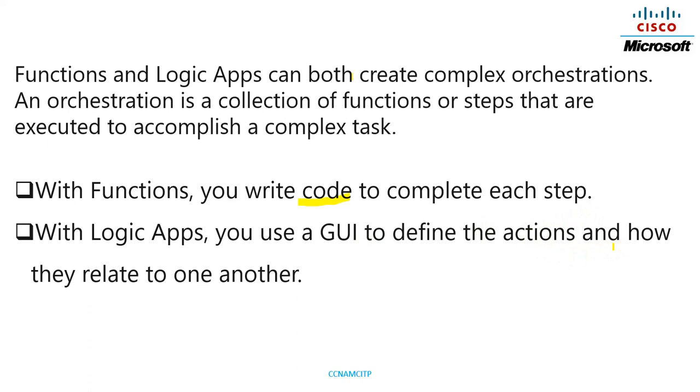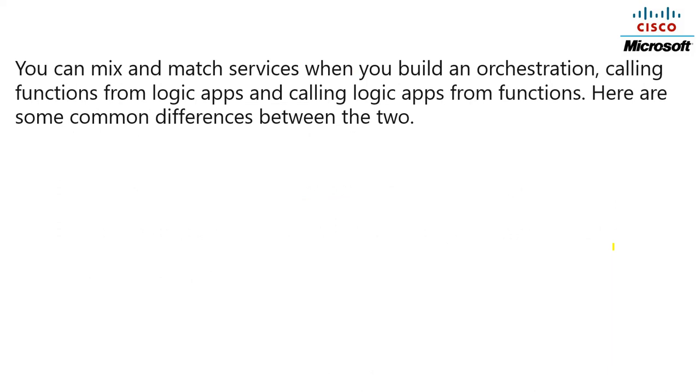With functions you have to write code, but with logic apps you use a GUI to define the actions and how they relate to one another. Now, you can mix and match services when you build an orchestration, calling functions from logic apps and calling logic apps from functions. Here are some common differences between the two.